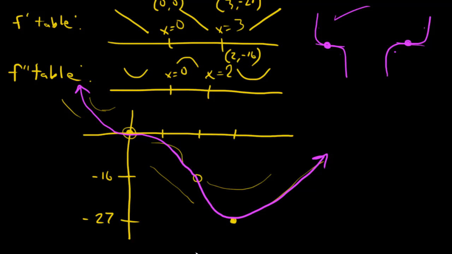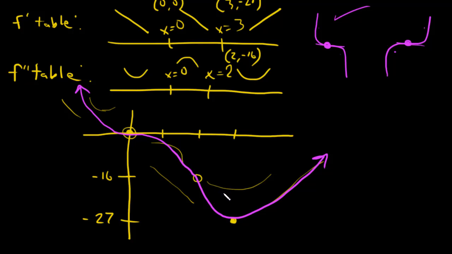What do you think? That's a lot, isn't it? So if you ever have a critical number and an inflection point at the same value, it is one of these. It's a horizontal slope at an inflection point, which looks just like this. Then the rest of it is just filling in the pieces.